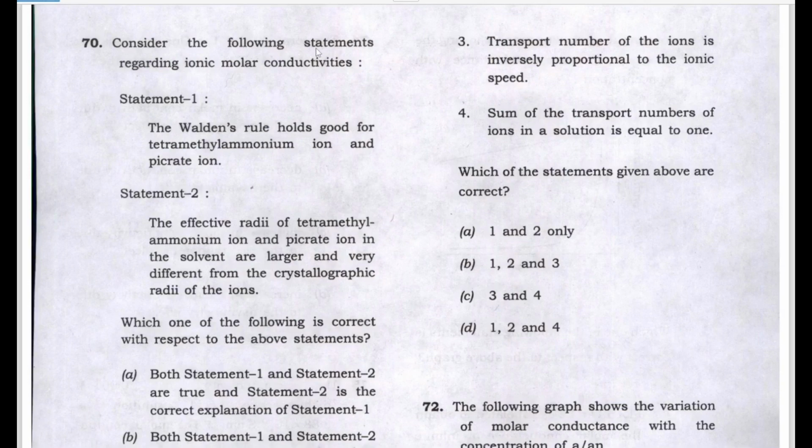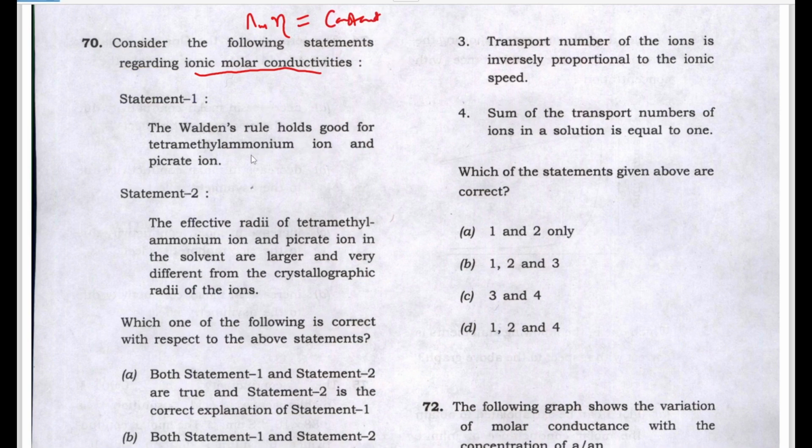In the next question, consider the following statements regarding ionic molar conductivities. These two statements are related to Walden's rule, and according to Walden's rule, the product of the molar conductivity and viscosity is almost equal to a constant for ions in different solvents.